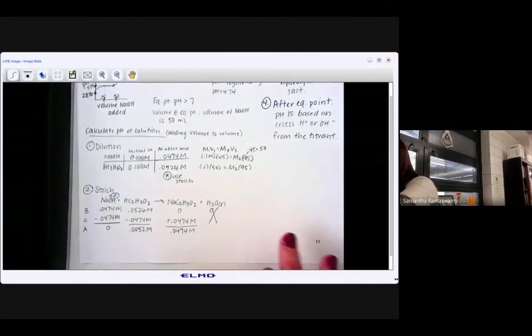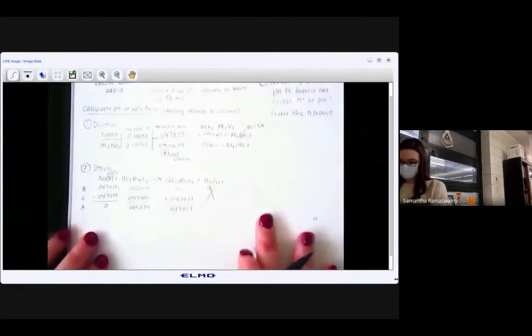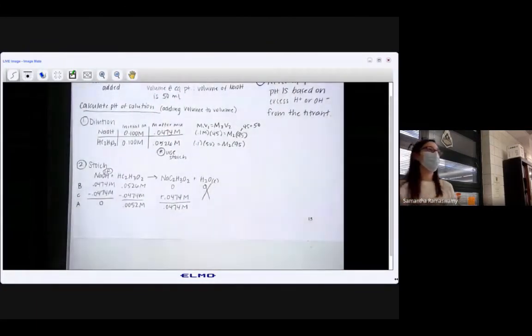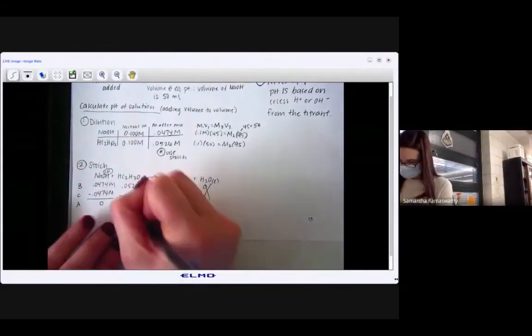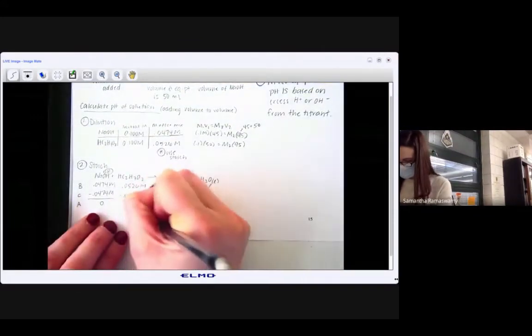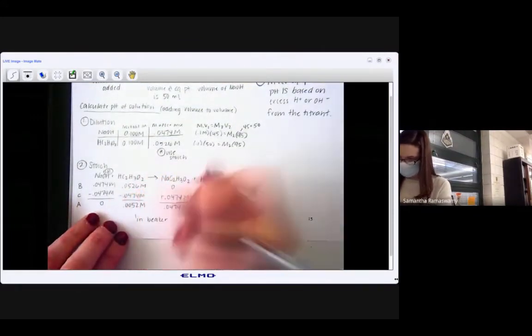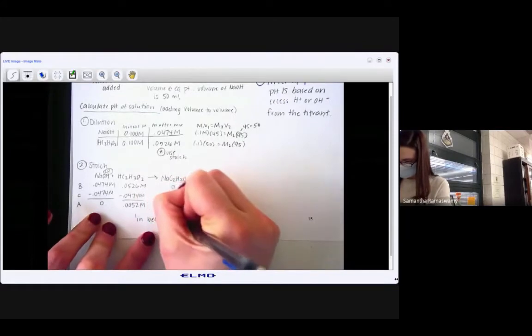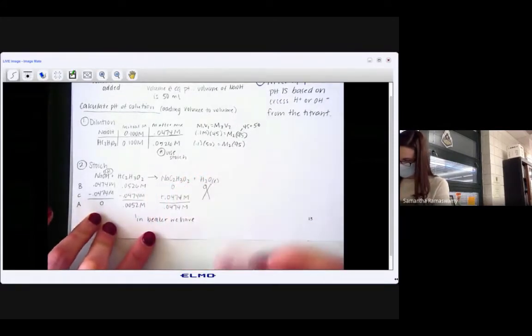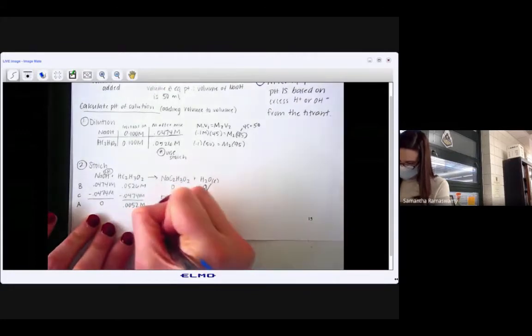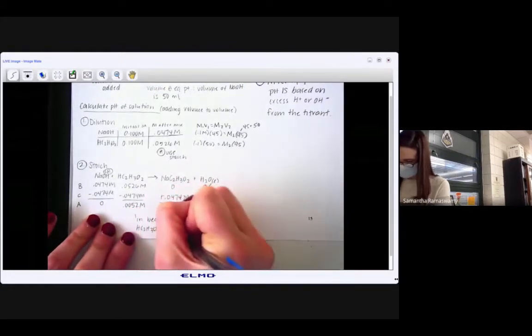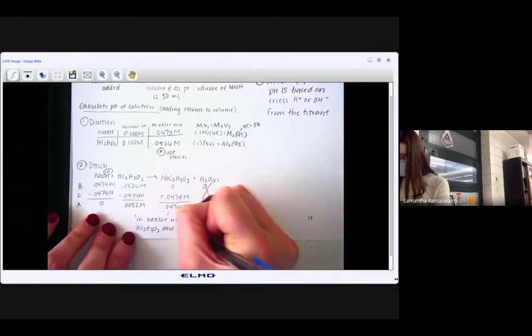After this neutralization reaction, in the beaker, we have acetic acid and sodium acetate. So in the beaker, we have HC2H3O2 and NaC2H3O2.